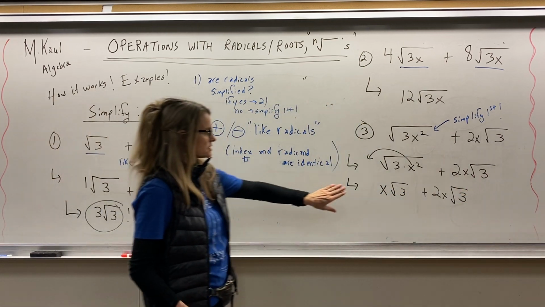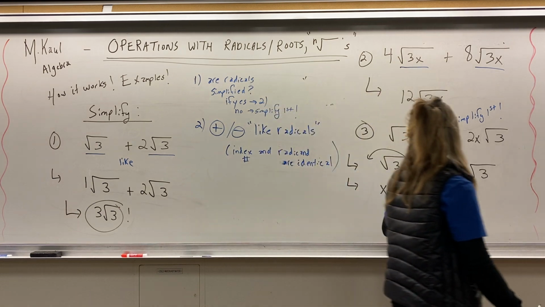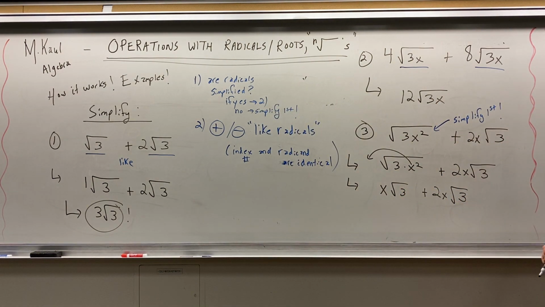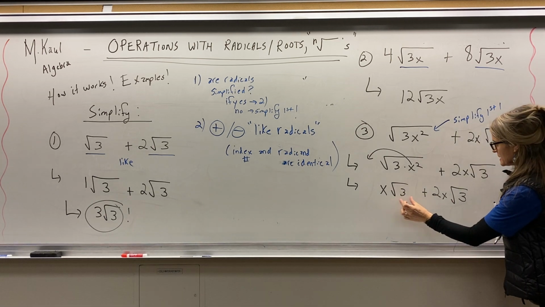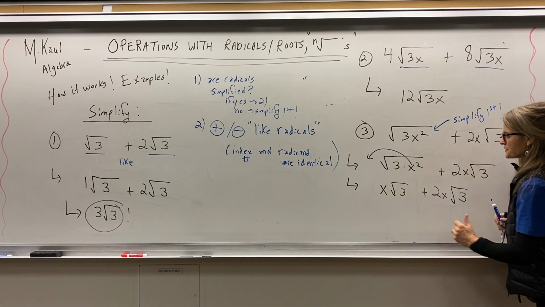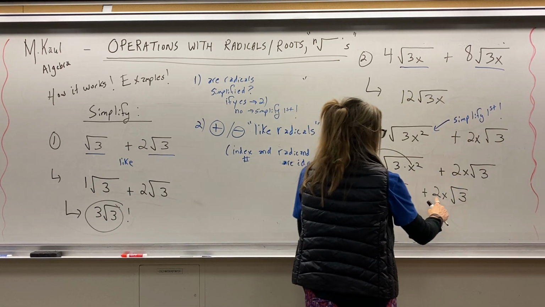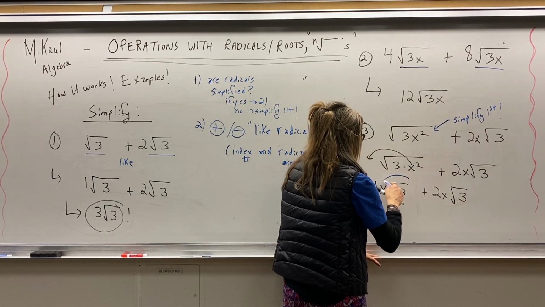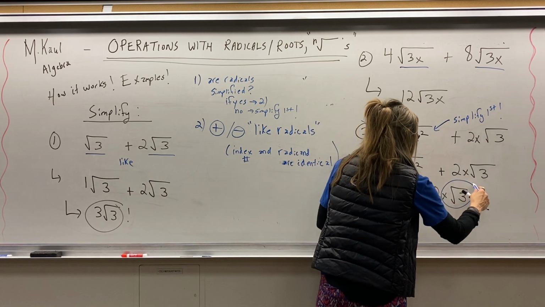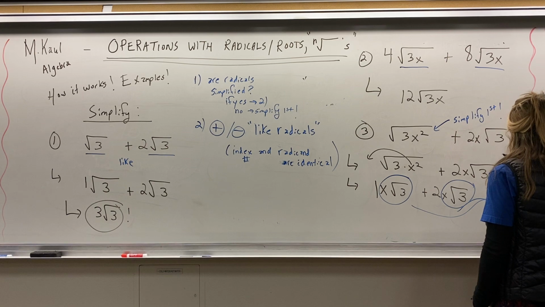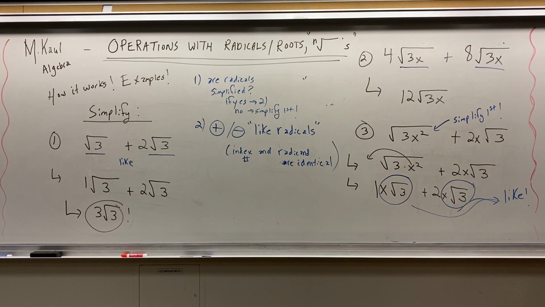Well, the x is just like what we did with like terms before, right? We have an x to the first power, x to the first power. Those parts are like. What about the radicals? These parts are like as well. So we have one of these and we have two of these. So these are like terms.